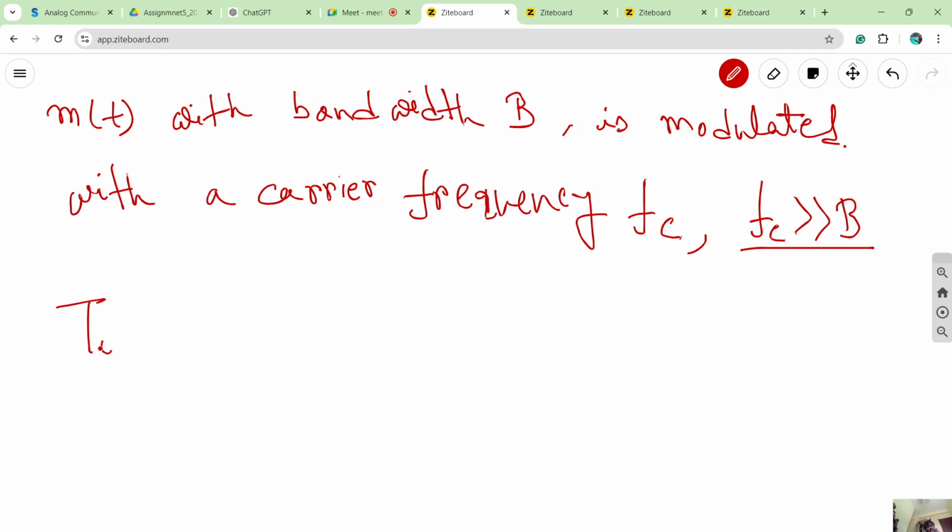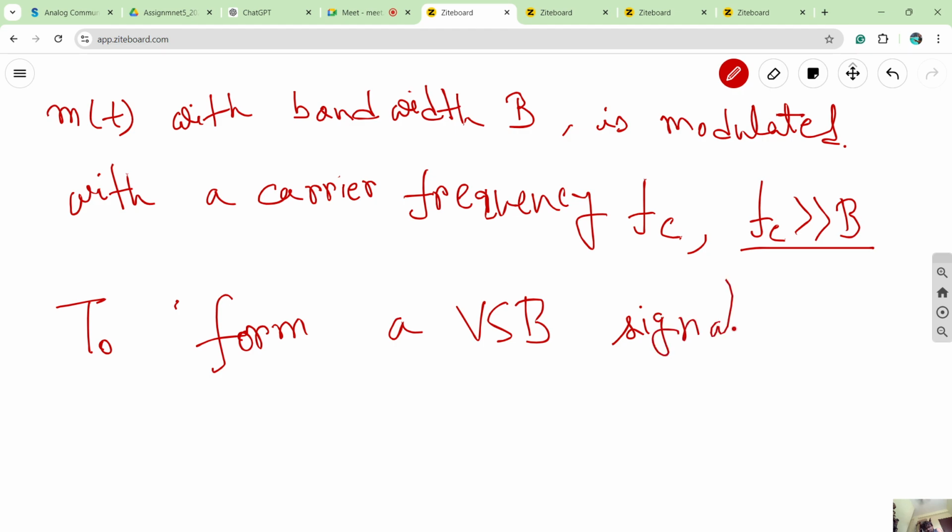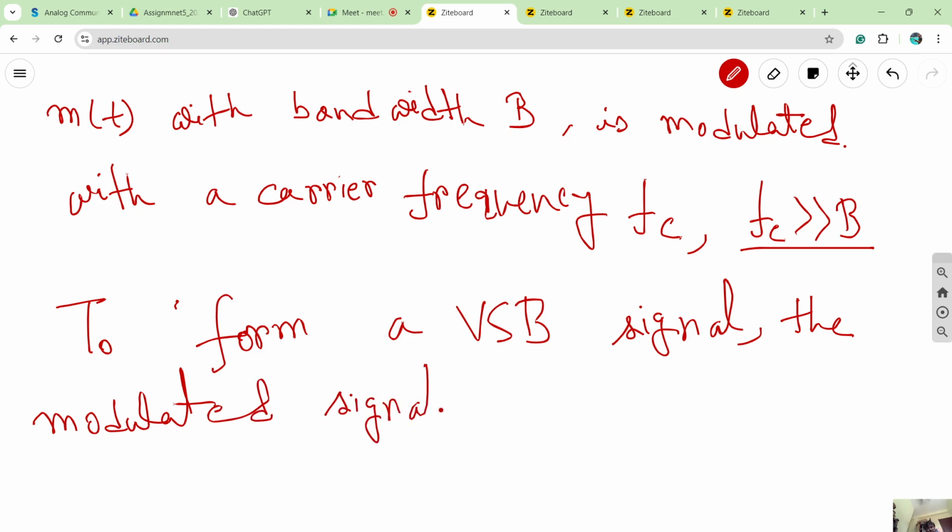Now, to form a VSB signal, the modulated signal is passed through a high pass filter.